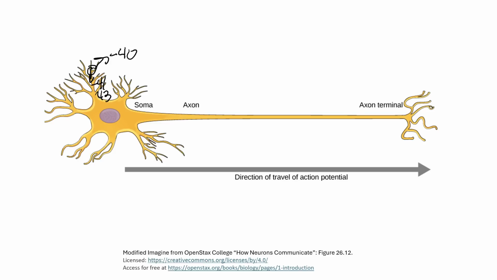So what I'm saying by that is, if we got this dendritic region right before the cell body to depolarize from negative 70 to negative 43, as it moves towards the next negative area, which would be into the cell body, it's not going to depolarize the cell body from negative 70 to negative 43. Right? It may only be able to depolarize the cell body from negative 70 to negative 50, for example. It was only able to depolarize the cell body by 20 millivolts.